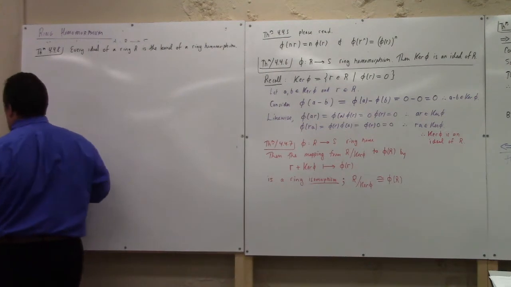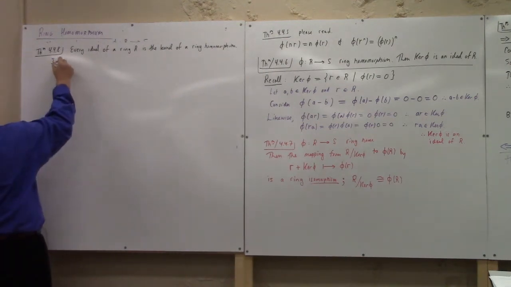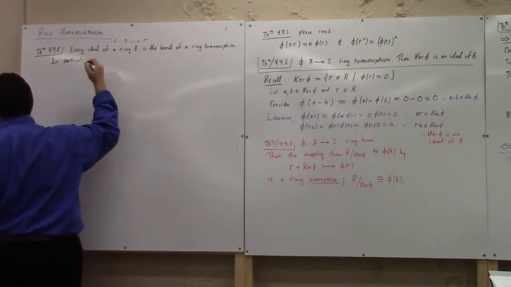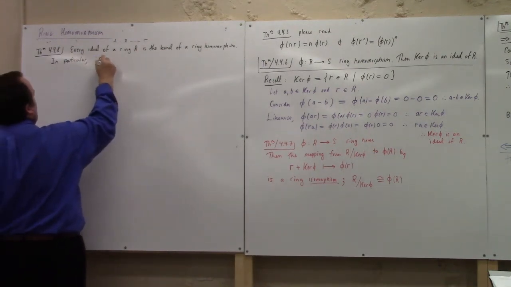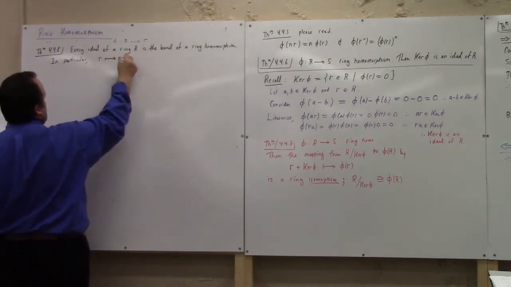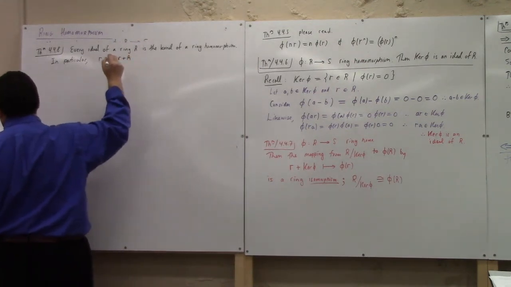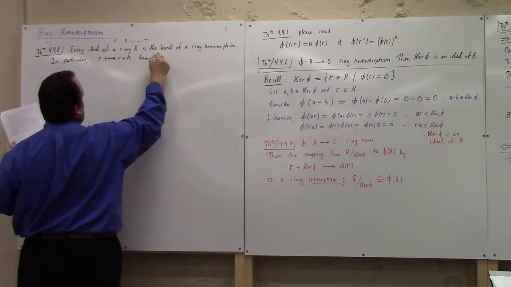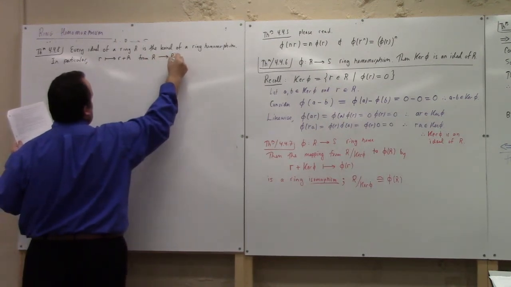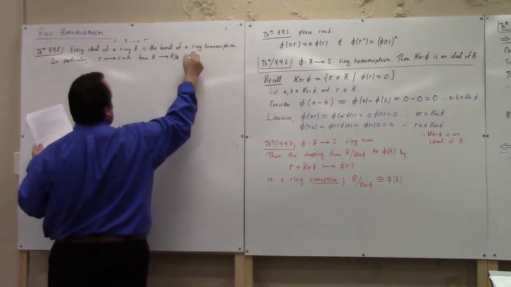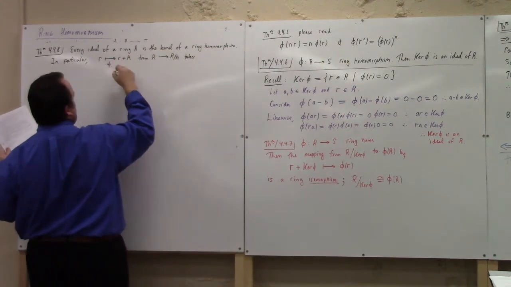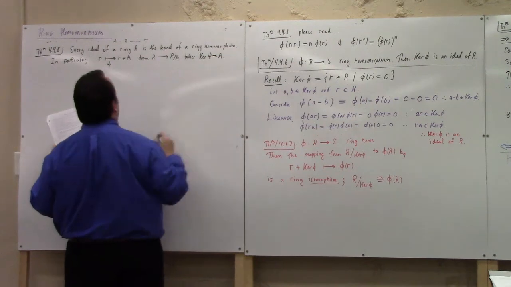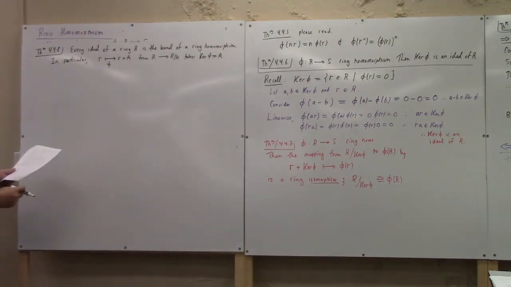In particular, you might ask which one. The mapping R maps to R plus A, from R to R mod A, we call this mapping psi, and the kernel of psi equals A. So that's theorem 4.48.